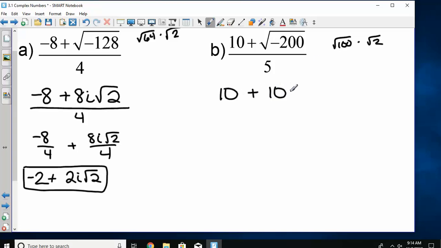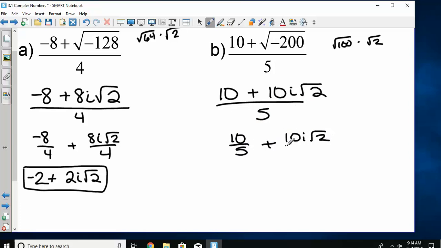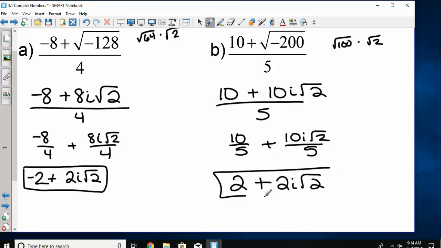Square root of 100 is 10. Divide by 5. So if we separate that, this time we got positive 2 plus 2i radical 2. Very creative in my problems. Answers are so different. Alright, is this part okay?